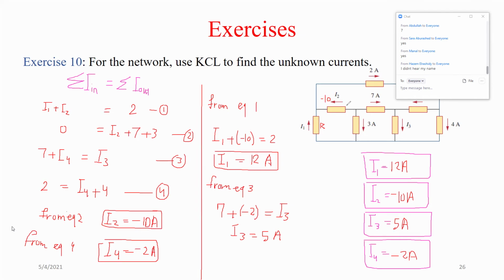Minus 10 means just the other direction. So that is okay at this node. Here I4 is minus 2, and this is 5. So 7 is coming, 5 is leaving, and minus 2 is coming, which means leaving. So it's okay. I think this works in every node.